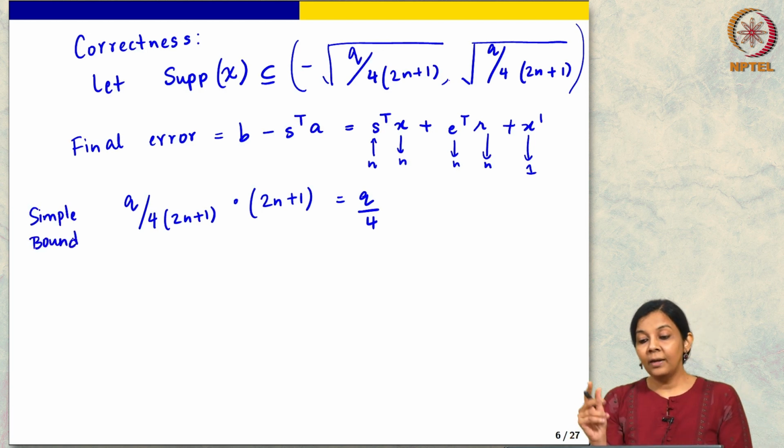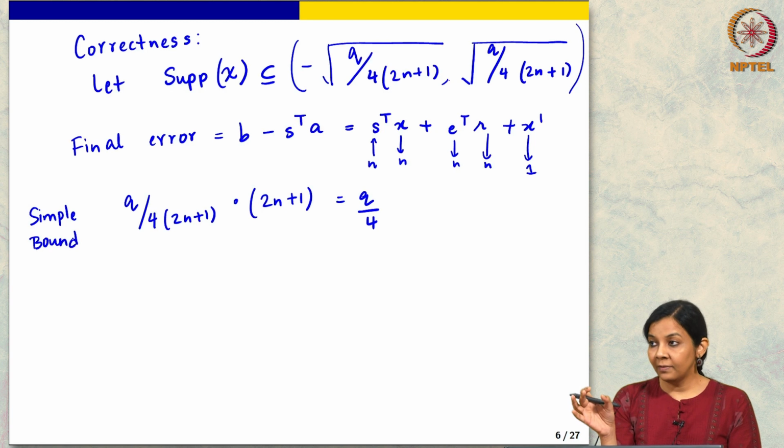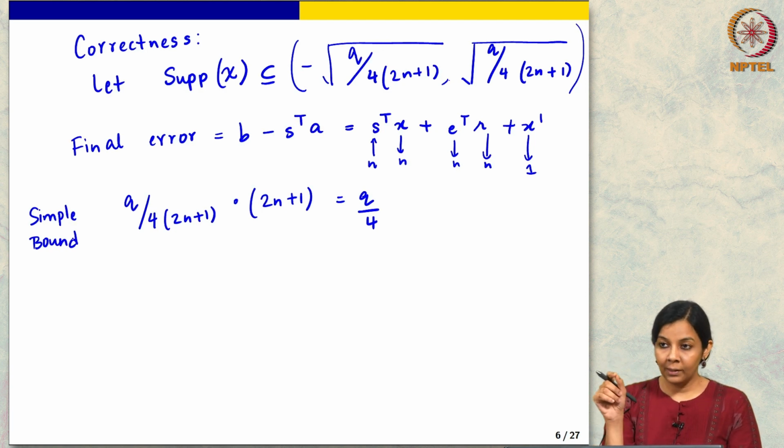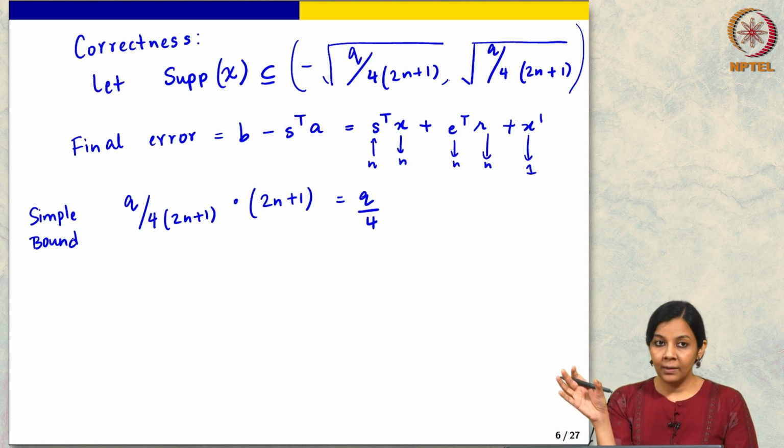Okay. So, basically when I take inner product of s and x, every entry will get squared, right. So, I will get q over 4 to the power n plus 1, and then there are 2n of these in this inner product.